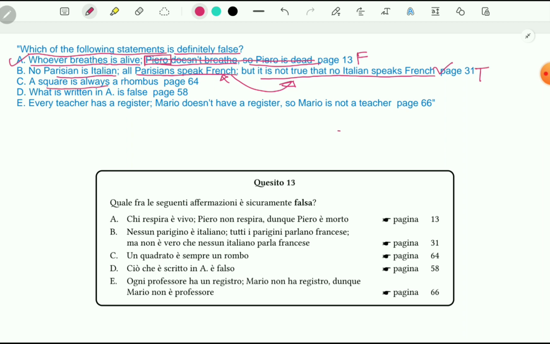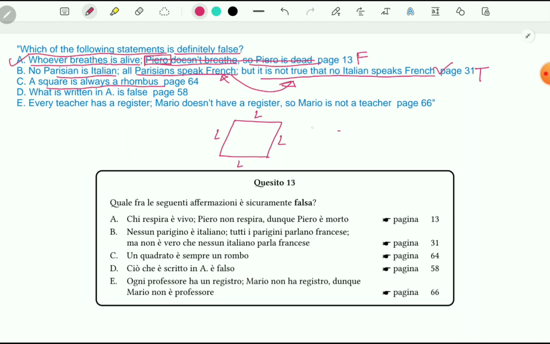A square is always a rhombus. That's also true. A rhombus is a shape with equal side lengths.